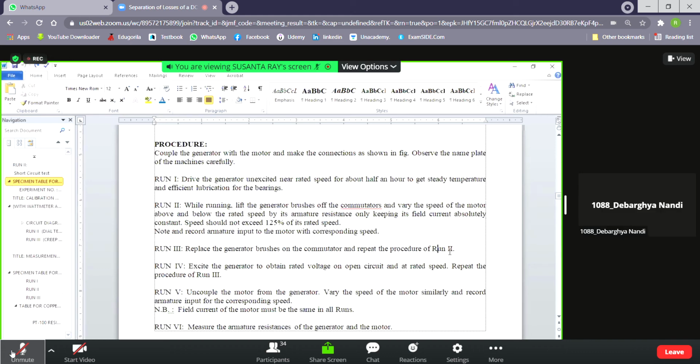We will separate the core loss first, one by one. How can we do that? Open circuit or short circuit?